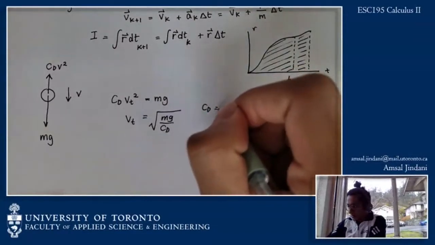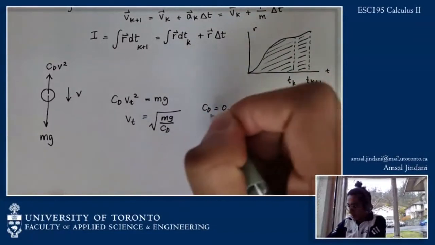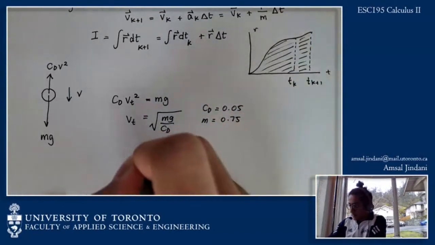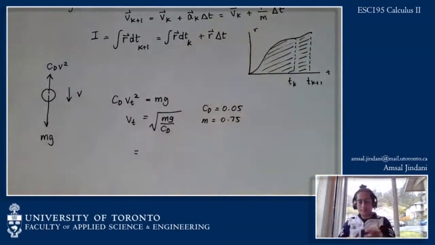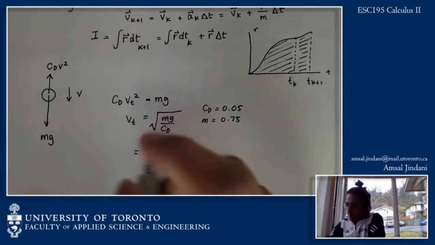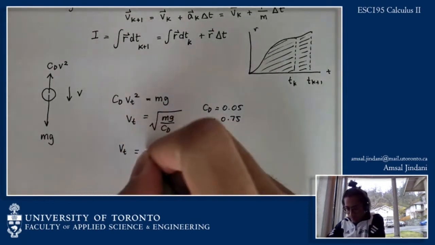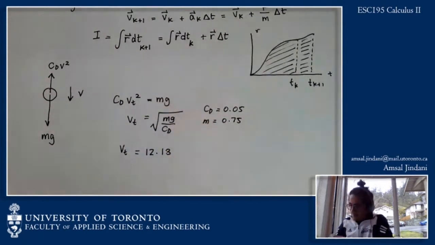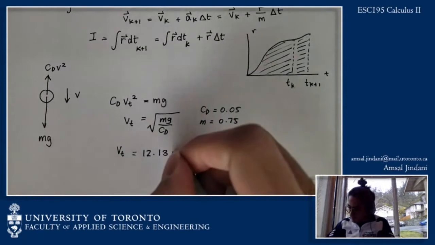And I think the values we had were Cd equals 0.05 and m equals 0.75. So if I plug those in, square root of 0.75 times 9.81 divided by 0.05, that gives me a terminal velocity of 12.13 meters per second.